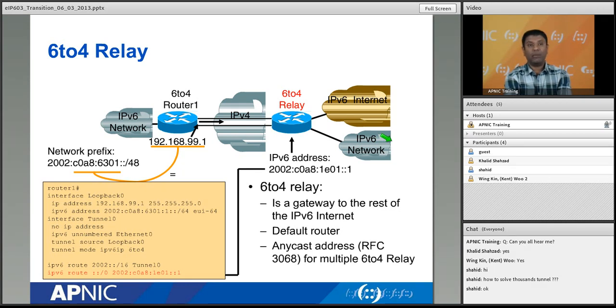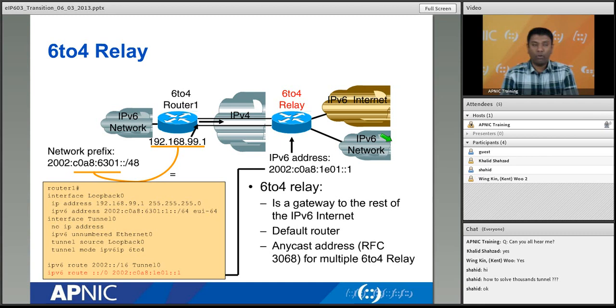So when they deploy that service, then through that relay, anyone running only 6to4 can come to that relay router, and from that relay router, the packet can be forwarded to a native site or a 6to4 site, right? Let's see how it works.